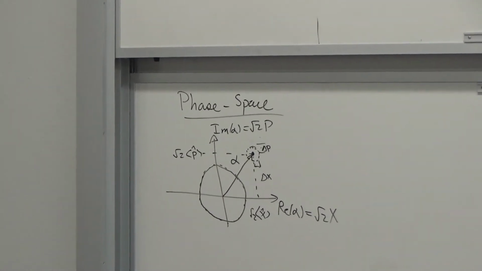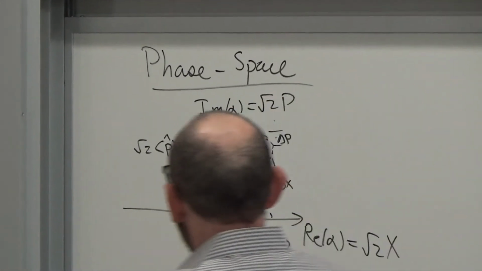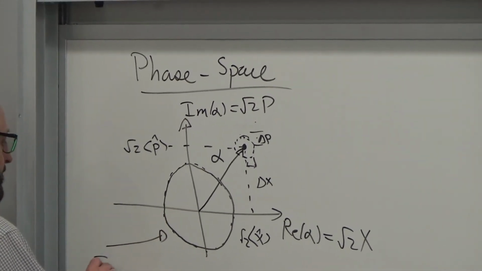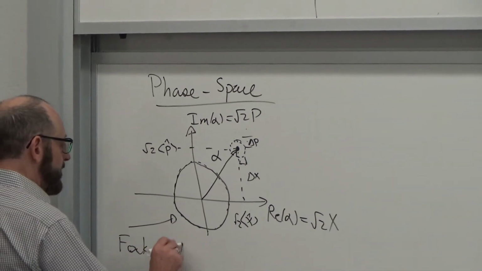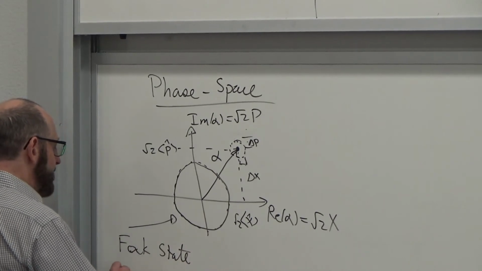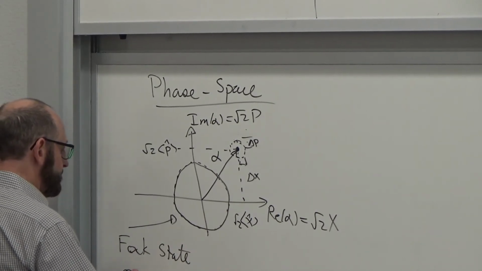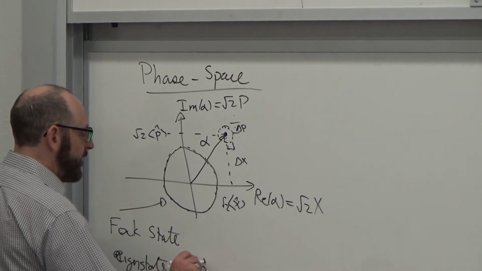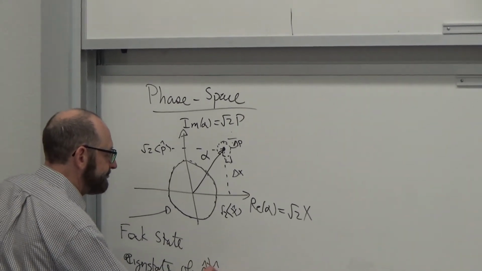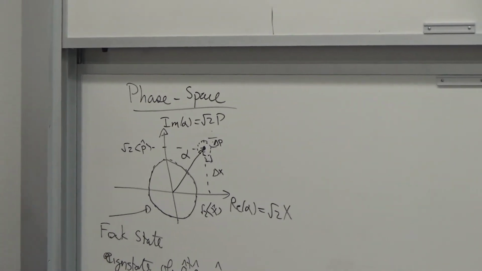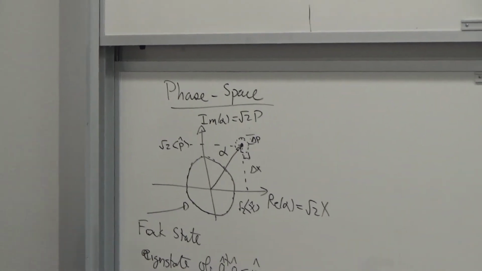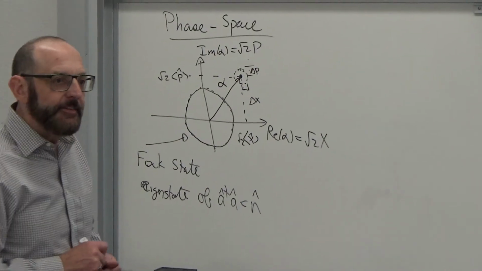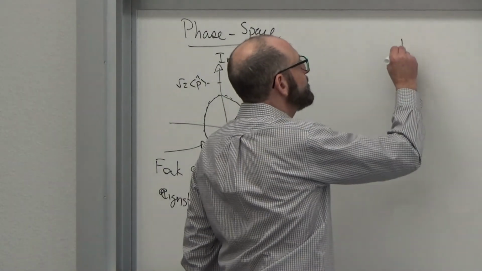All right. Now, the Fock states were eigenstates of the number operator. What about the coherent state? Is it an eigenstate of the number operator?